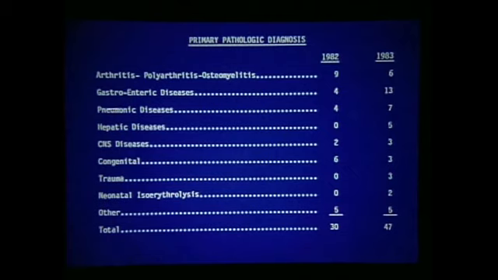But as we will later discuss, gastroenteric diseases were a close second. And also the lung, the respiratory tract, was involved in many instances, versus some organs being involved to a lesser degree, or disease syndromes.